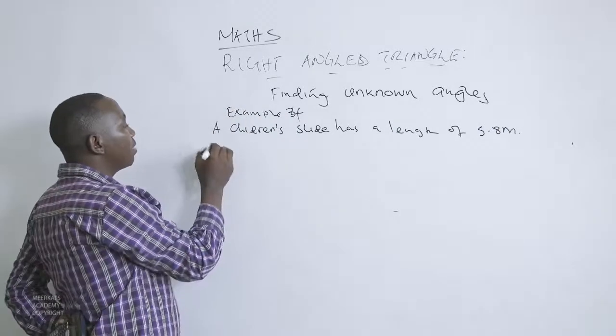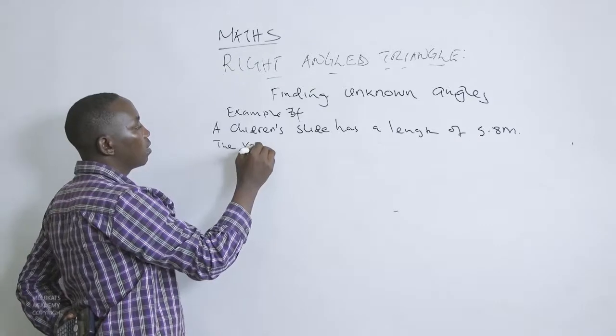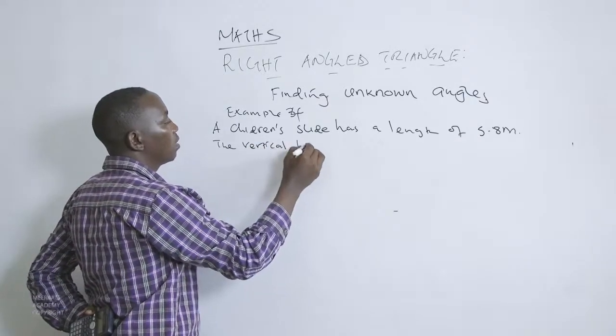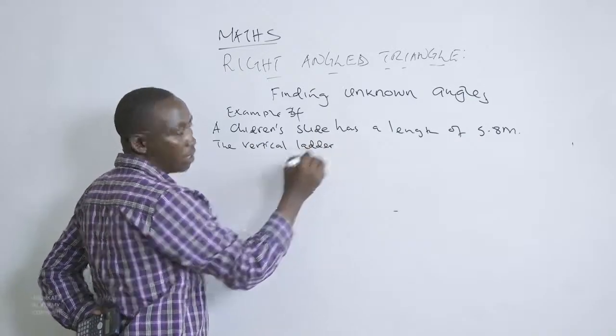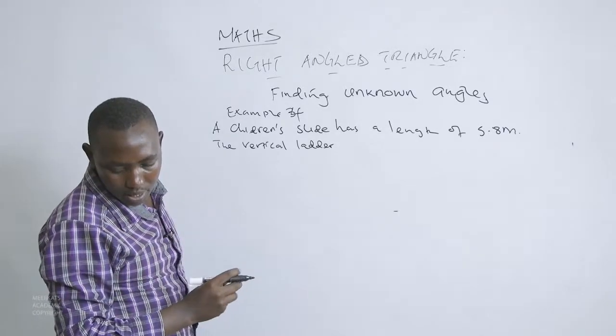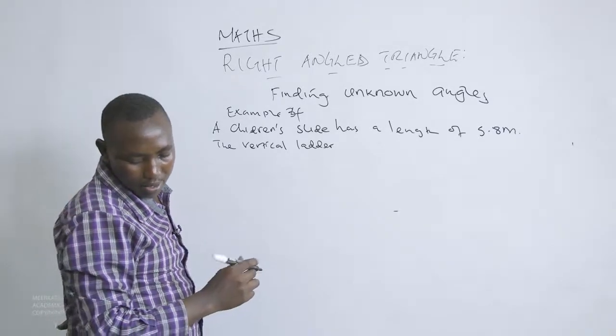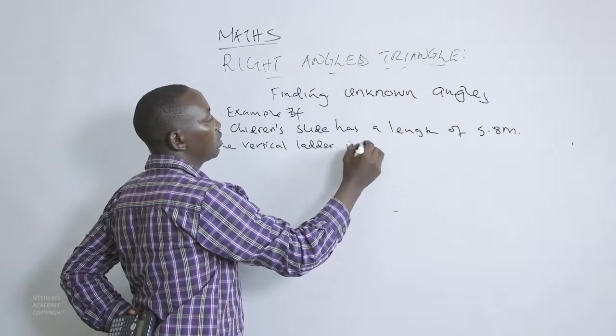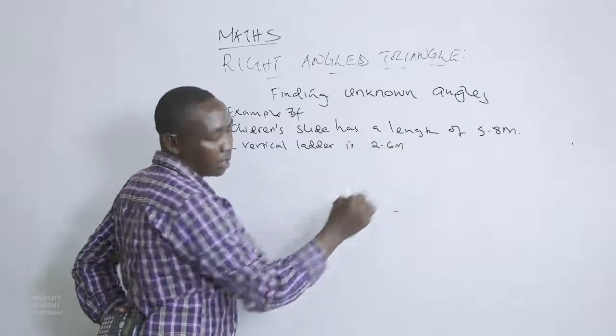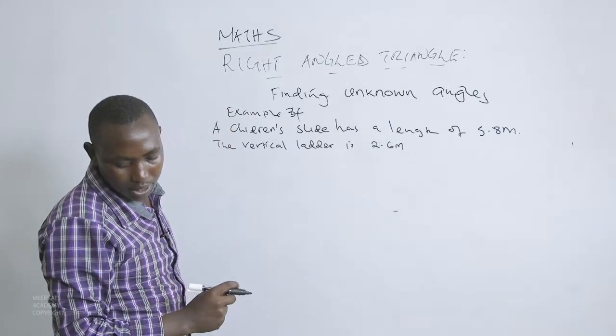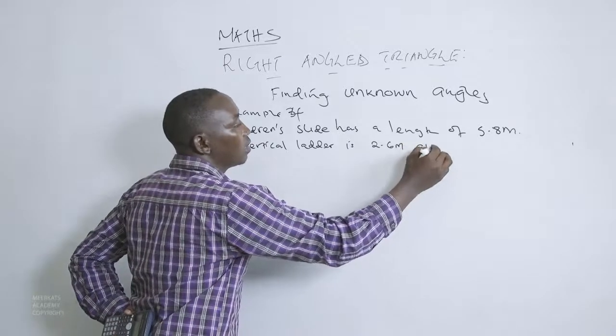The vertical ladder is 2.6 meters above the ground.